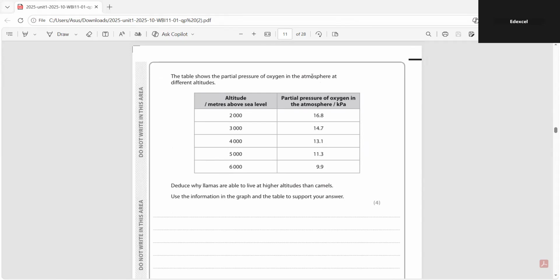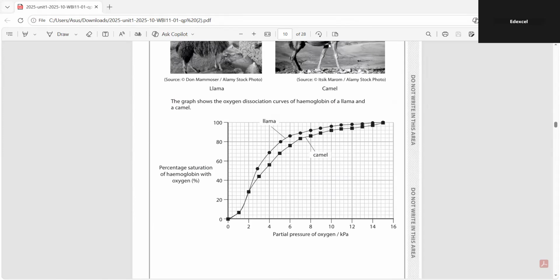The table shows the partial pressure of oxygen in the atmosphere at different altitudes. Explain why llamas are able to live at higher altitudes than camels. Use the information in the graph and the table to support your answer. So according to the graph, you can see that the llama's curve is here and the camel's is downwards. So you can say that the dissociation curve for llama is to the left.